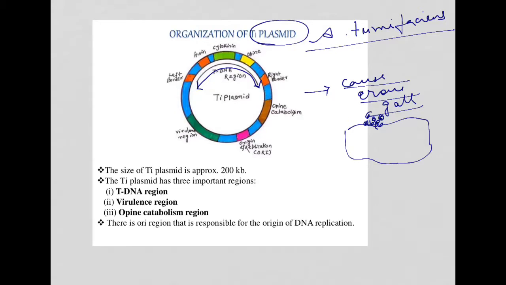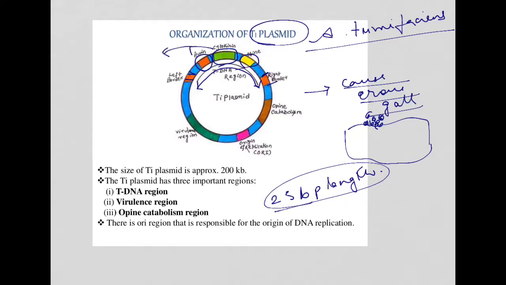This plasmid DNA has two borders, a left border and a right border, each of 25 bp length. Inside it there is a gene for synthesis of auxin, a gene for synthesis of cytokinin, and a gene for synthesis of opine. Auxin and cytokinin are known for inducing tumor formation.